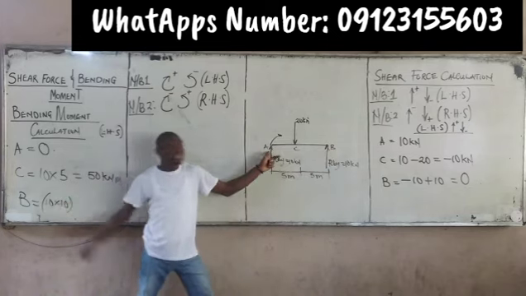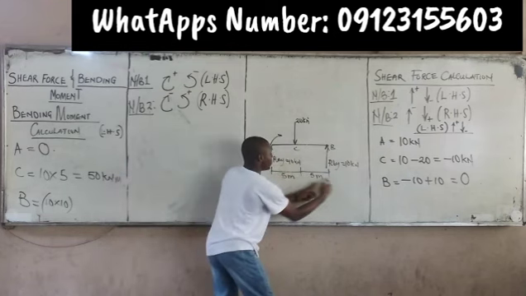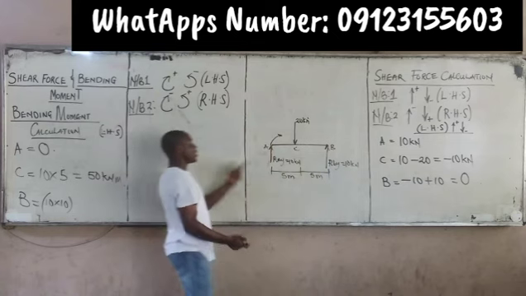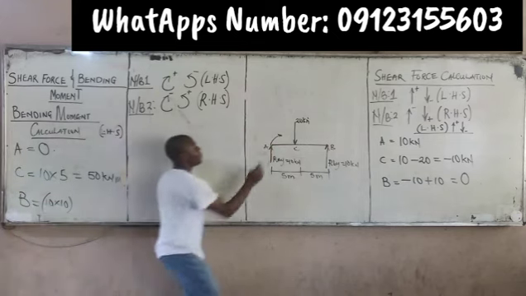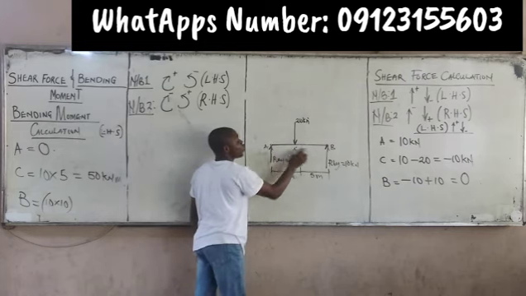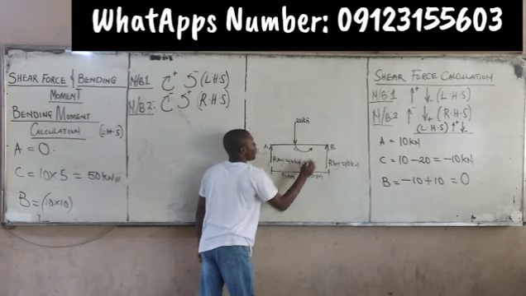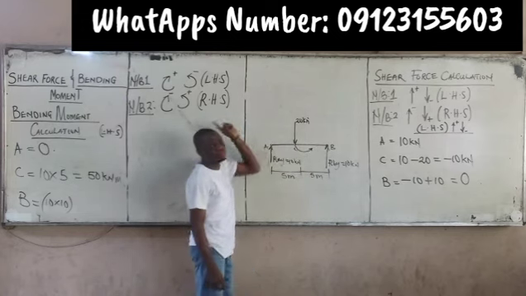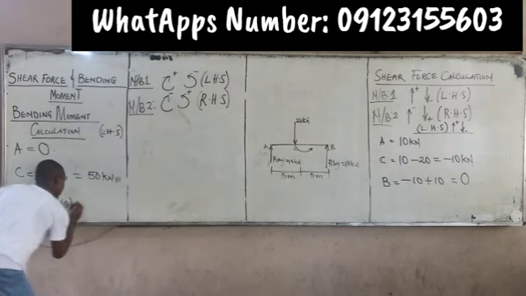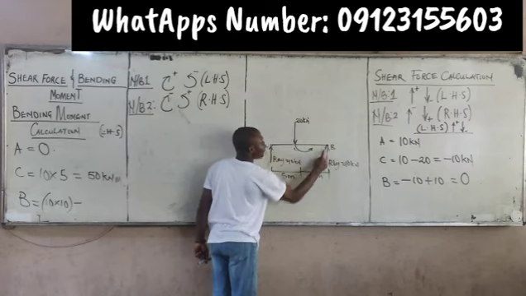The distance is 5 plus 5, which is 10. So I have 100 here. Next up, C must go to B. If C goes to B in this manner, what direction is this? This is an anti-clockwise direction. That's negative, so that becomes minus. This is 20, and from here to here is 5.